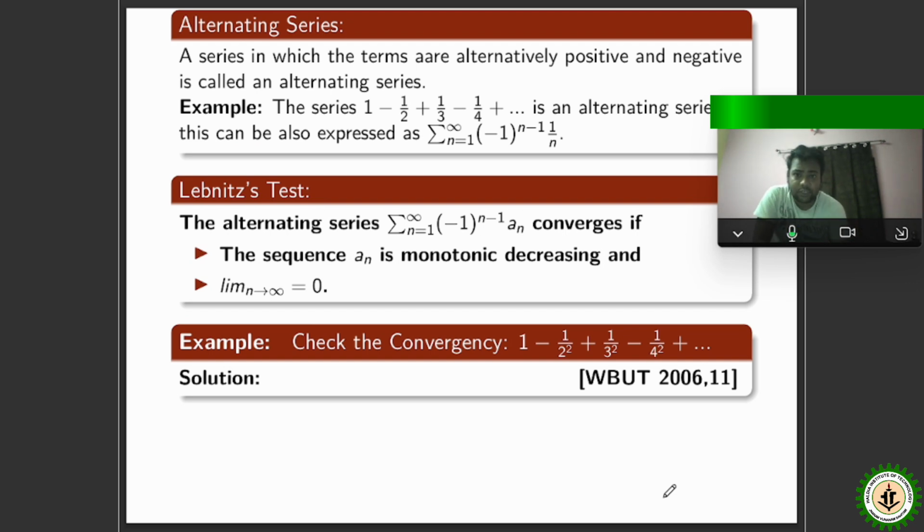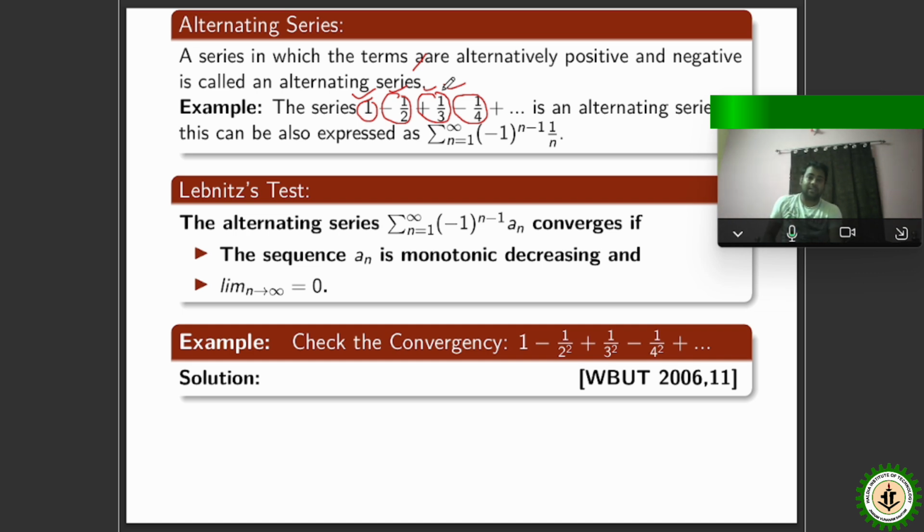Now we are going to discuss the alternating series. It is a series in which the terms are alternately positive and negative. So the first term is 1, the second term is minus 1 by 2, the third term is 1 by 3, and the fourth term is minus 1 by 4. That is plus, minus, plus, minus.